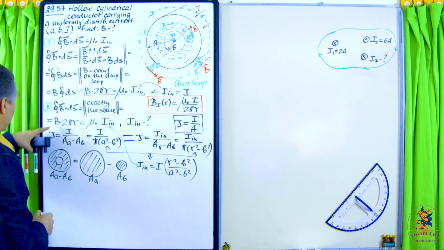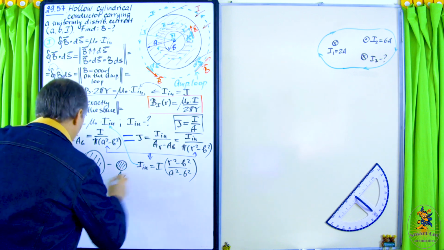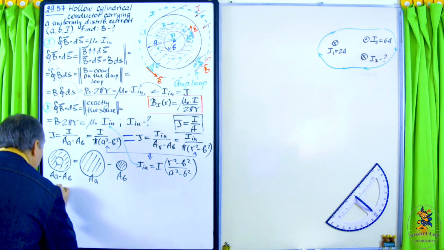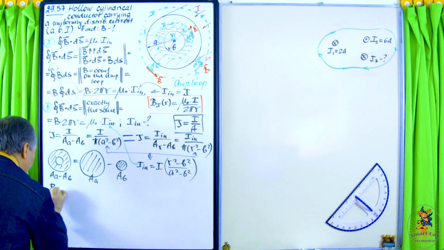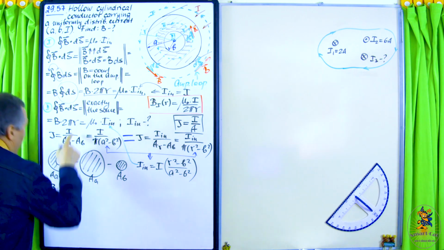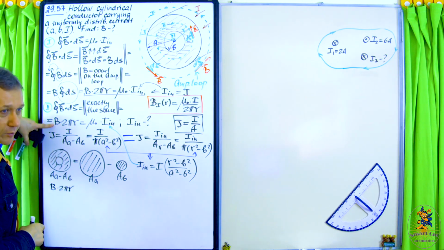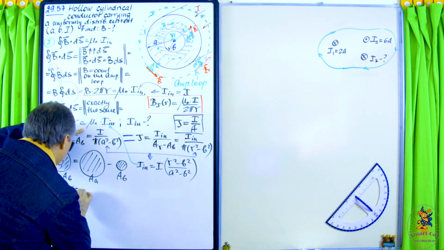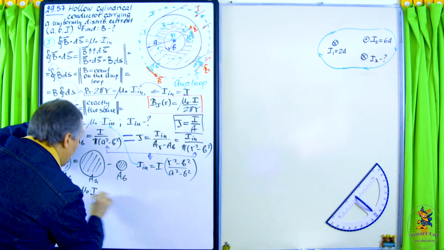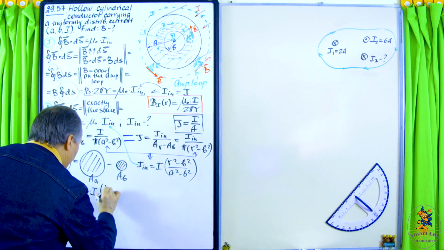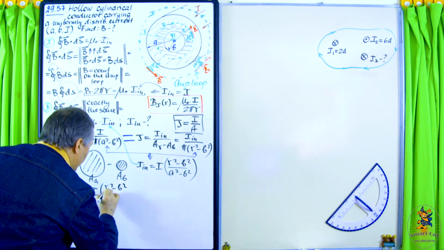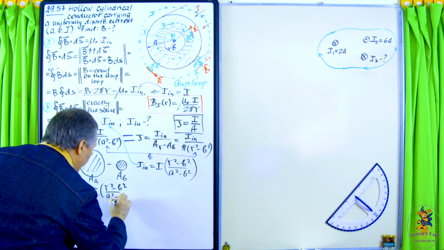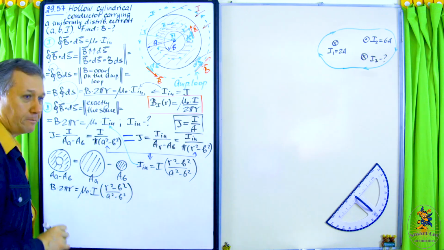All right, so as a result, let me write. It will be B times 2 pi R. I'm just rewriting what we got from Ampere's law, equals mu naught times I, and this R squared minus B squared divided by A squared minus B squared.